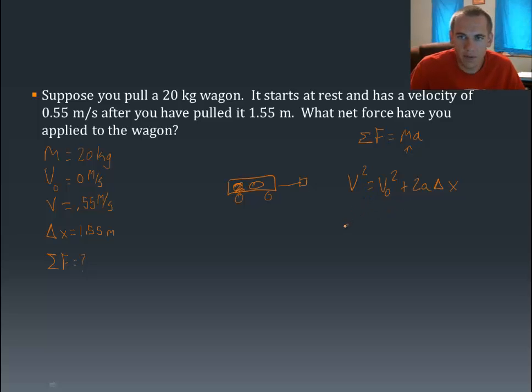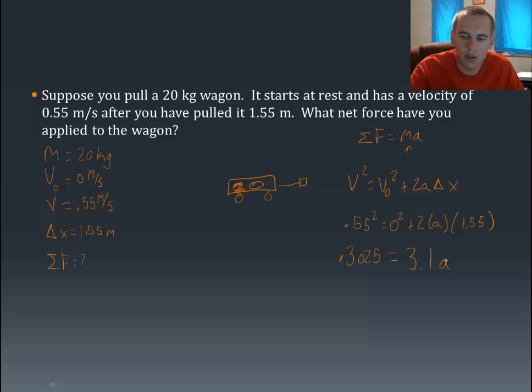So final velocity 0.55 squared equals initial velocity 0 squared plus 2 times the acceleration, don't know, times the change in position, 1.55 meters. Okay, so we're going to do a little bit of simplification here. If we take 0.55 and we square it, we get 0.3025 equals 2 times 1.55, which is 3.1, times a.